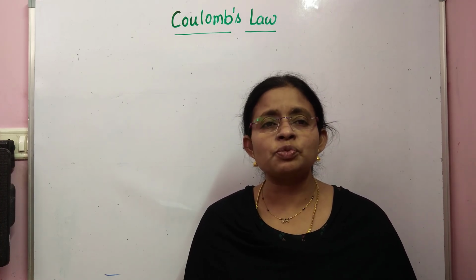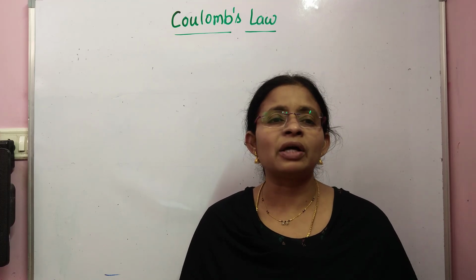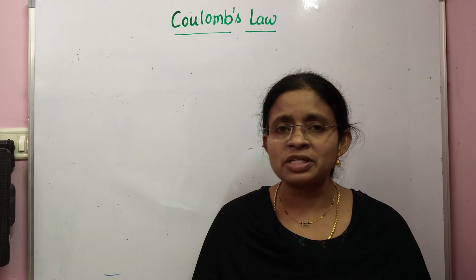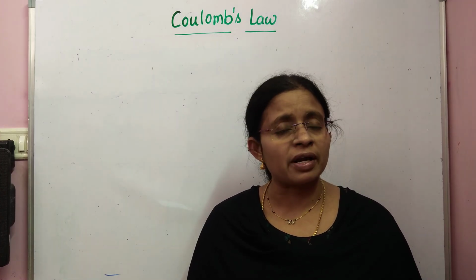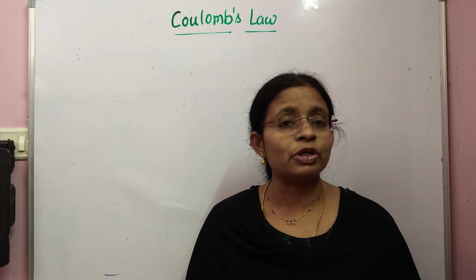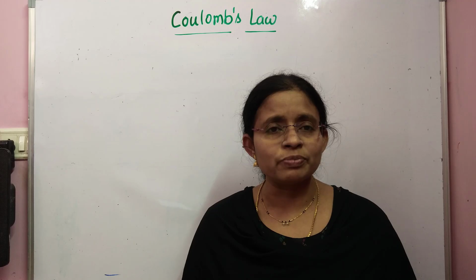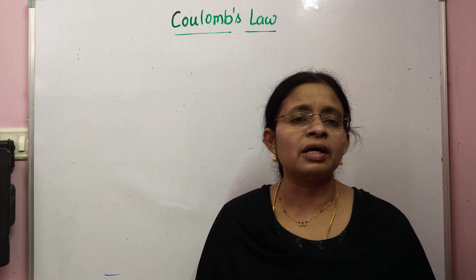One point charge will exert a force on another point charge. This is Coulomb's law. We know charge is measured in coulombs, and 1 coulomb consists of 6 into 10 power 18 electrons, and 1 electron carries 1.6 into 10 power minus 19 coulombs of charge. With these basic points, now I will go into Coulomb's law.